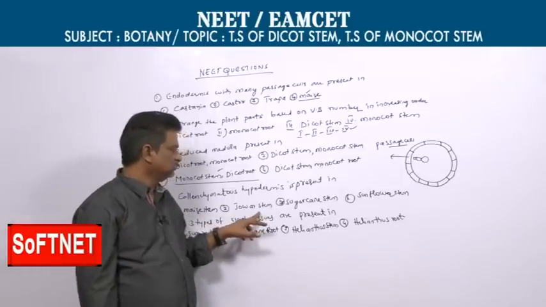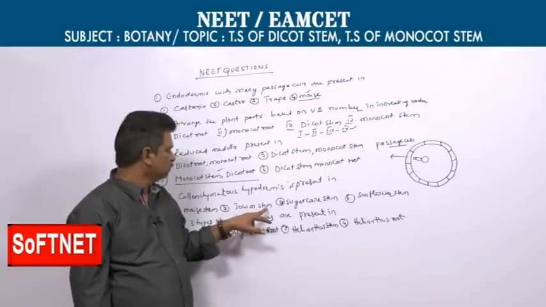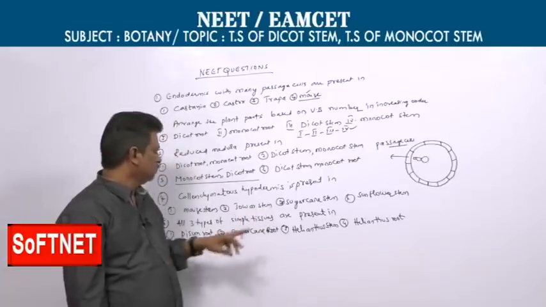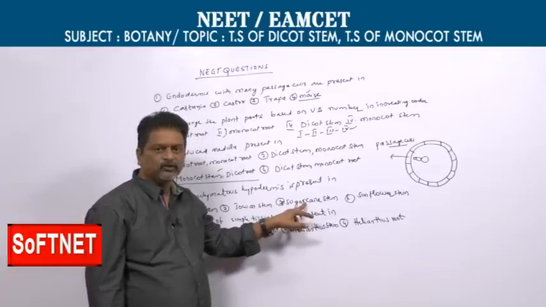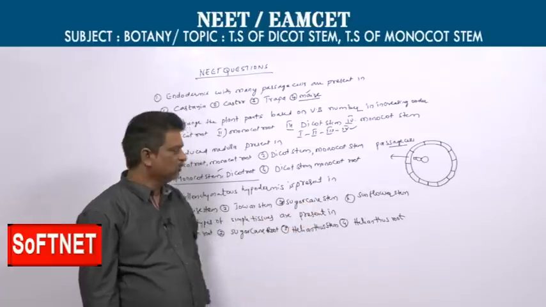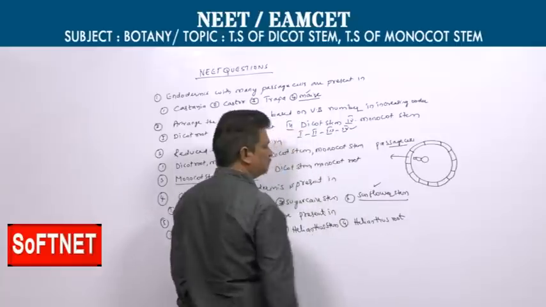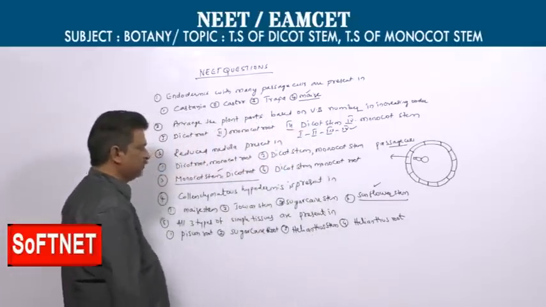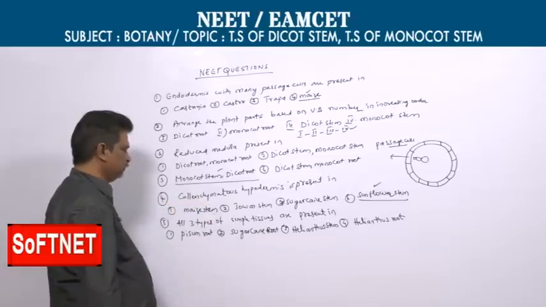Then jowar, jowar is monocot, so even in jowar stem, collenchyma is absent. Then next one sugarcane, even sugarcane is a monocot stem, so collenchyma is absent. So, it is present in dicot stem. So, the answer is sunflower. In sunflower stem, collenchymatous hypodermis is present.